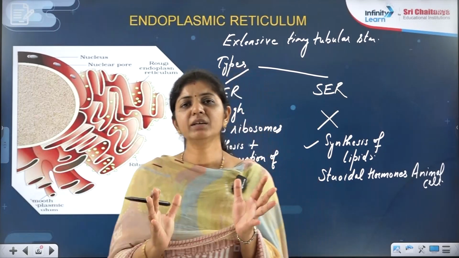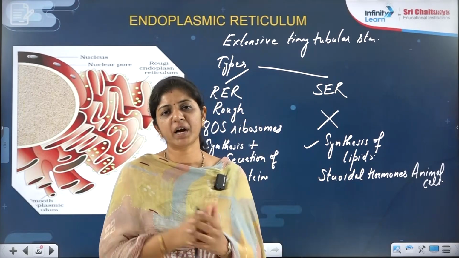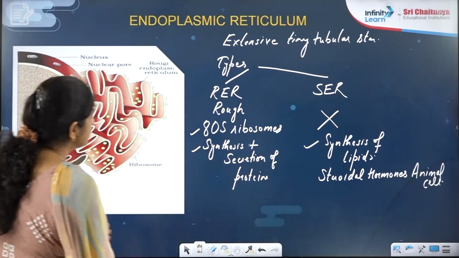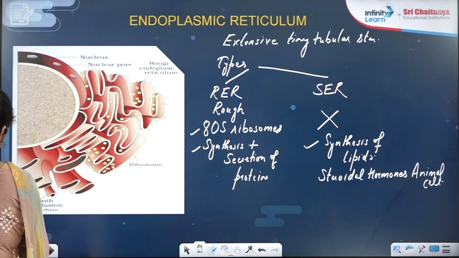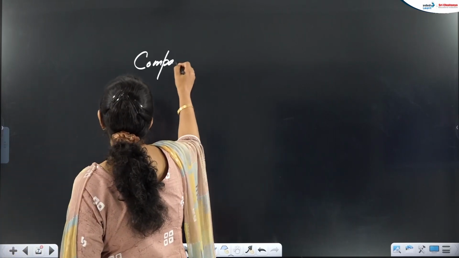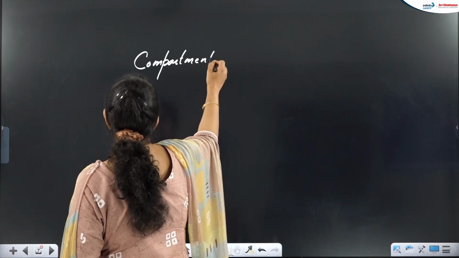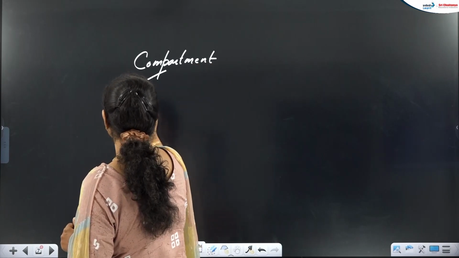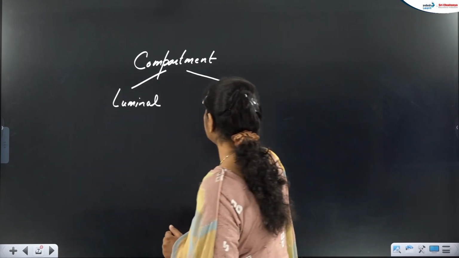Commonly they are dividing the full cytoplasm into two compartments. Now what are those two compartments? Let's check on this point. One is the luminal compartment. Second is the extraluminal compartment.